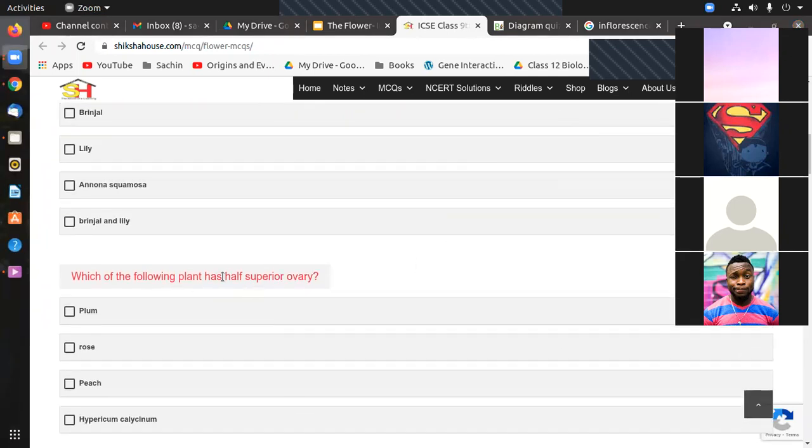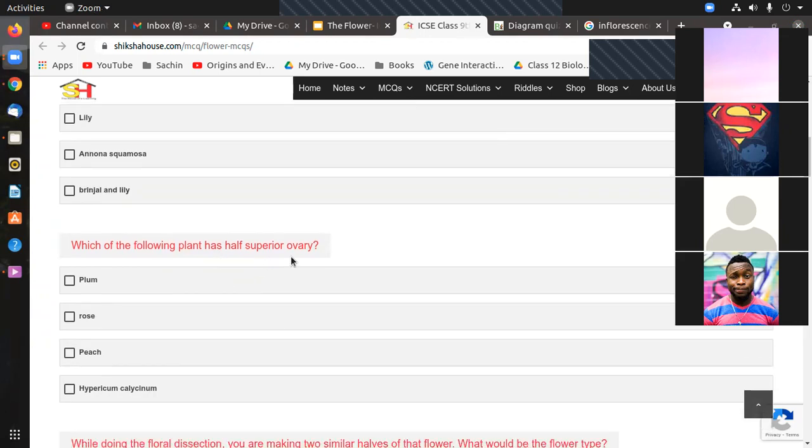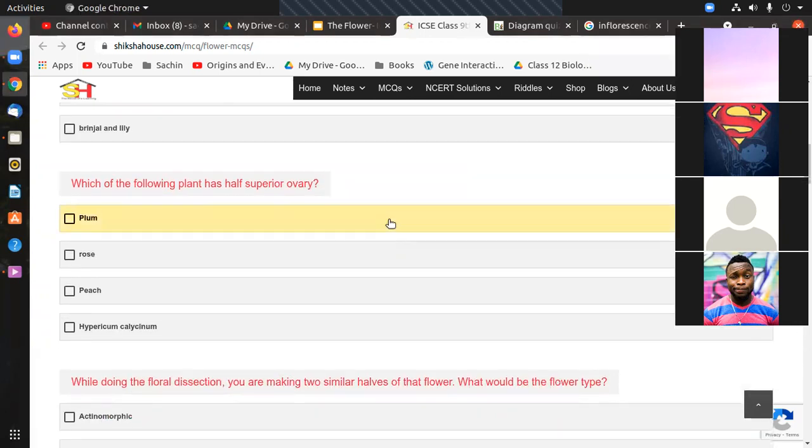Which of the plants has a half superior ovary? Again, we may not know what is hypertium calicinum. Even I don't know. But out of these three, do you know any which has a half superior ovary? Half superior ovary means, when we saw that epigynous flower, the walls are around.